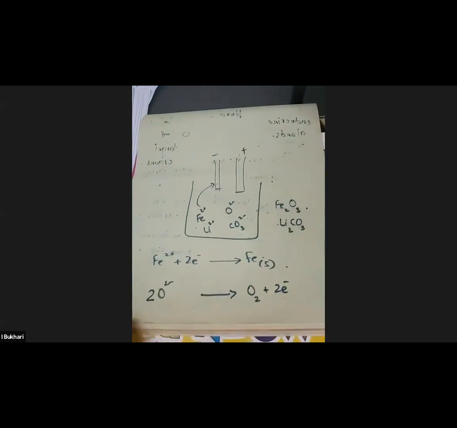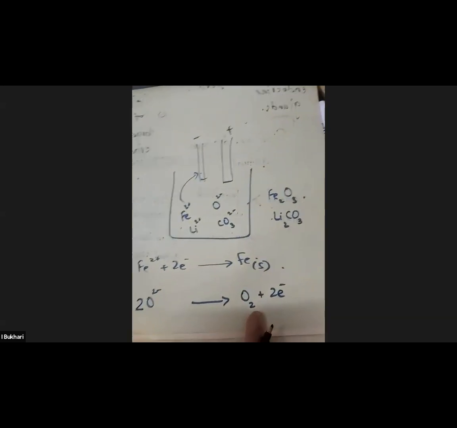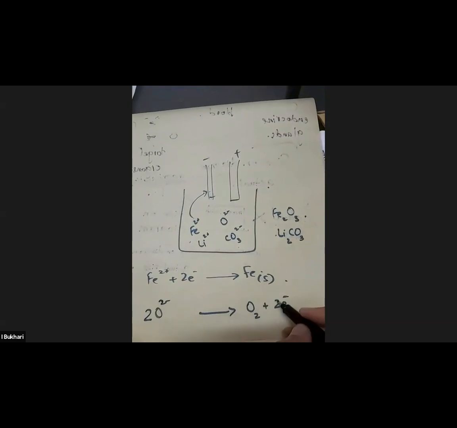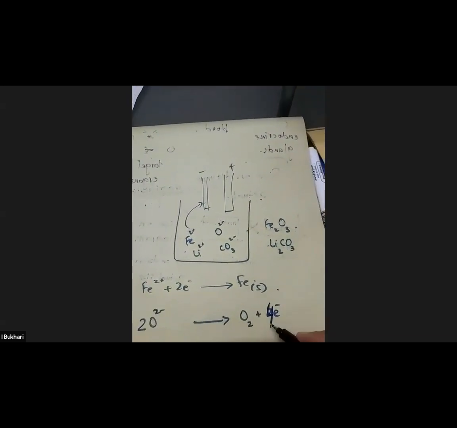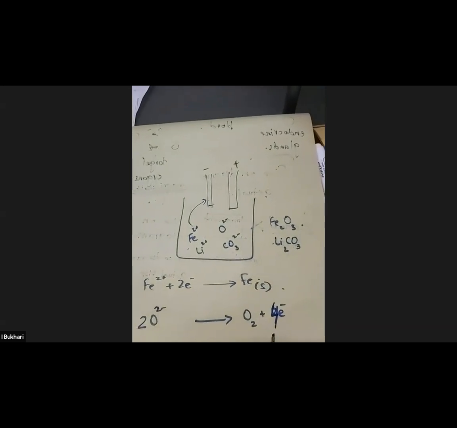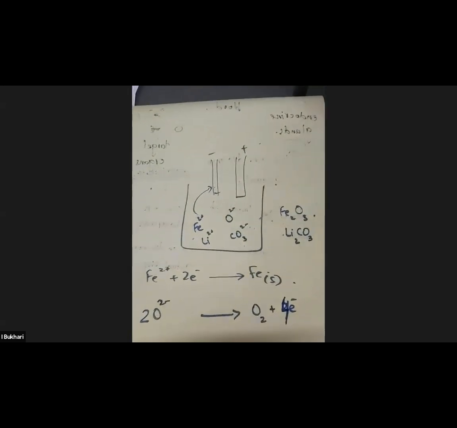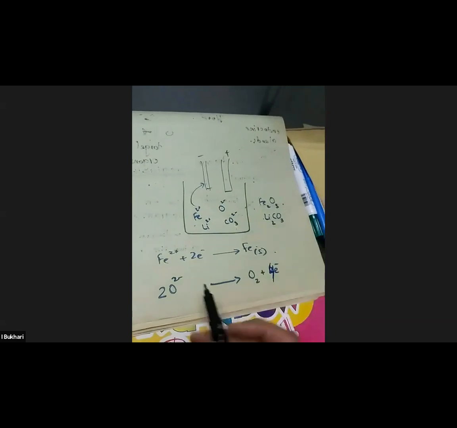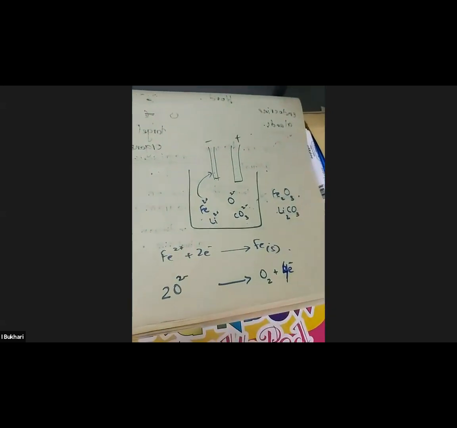And so 2 here, but then this is not electrically balanced. -4, so 4. I should have written 4 here. Right. So it is like this. And 4 electrons because the equation should be electrically balanced as well. -4, -4. Right? Okay. Let's move on.